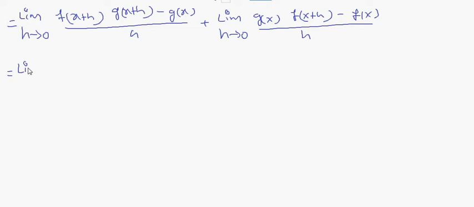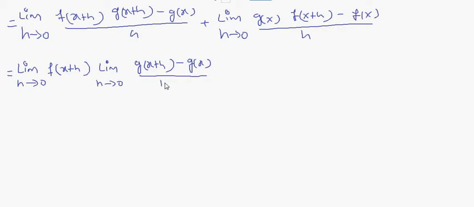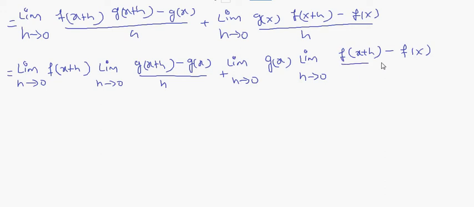So limit as h approaches 0 of f of x plus h, times limit as h approaches 0 of g of x plus h minus g of x divided by h, plus limit as h approaches 0 of g of x times limit as h approaches 0 of f of x plus h minus f of x divided by h.